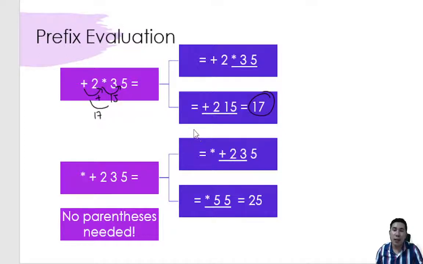Therefore, in this prefix expression, when we evaluate it, the answer is 17.